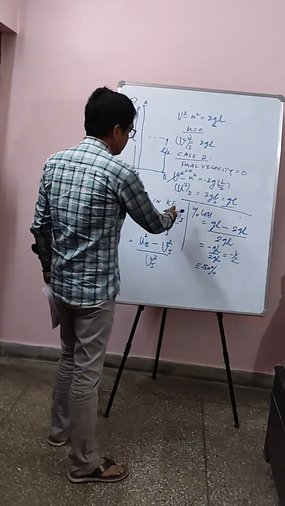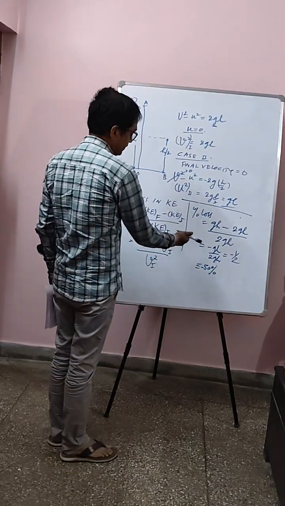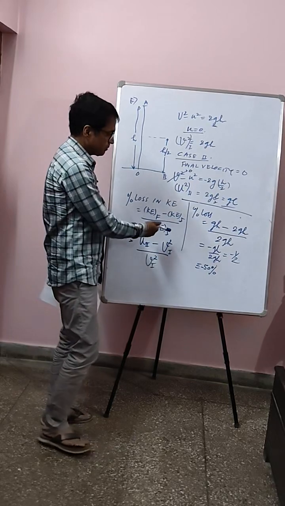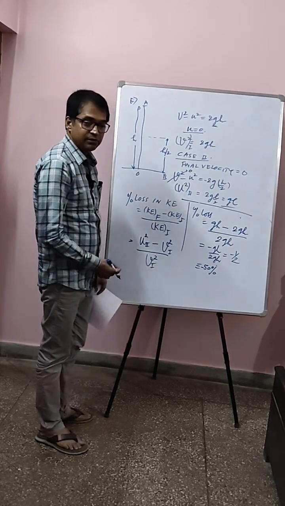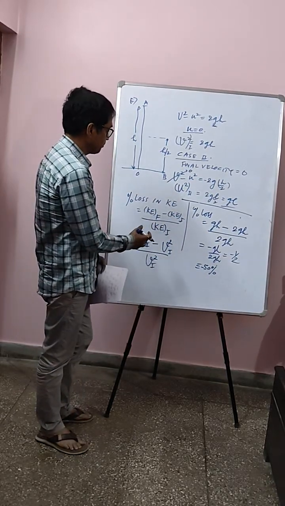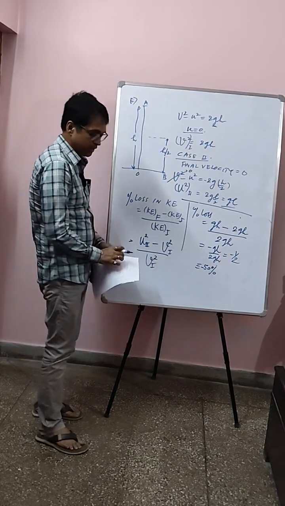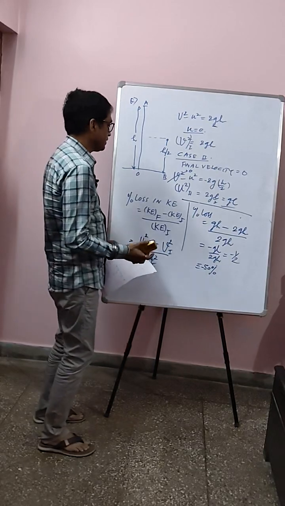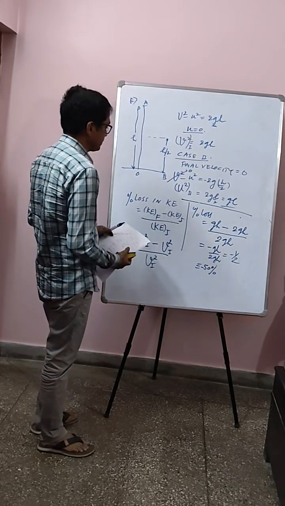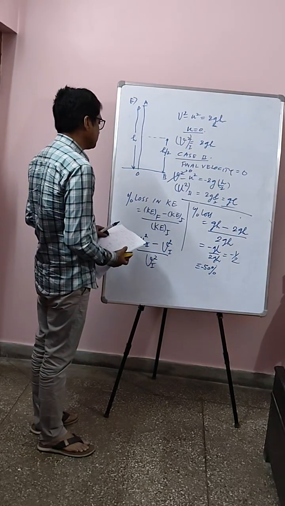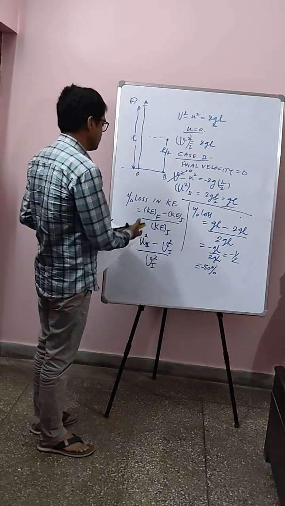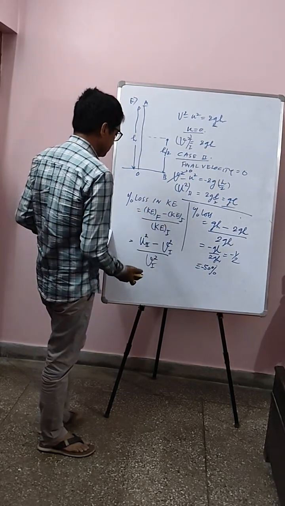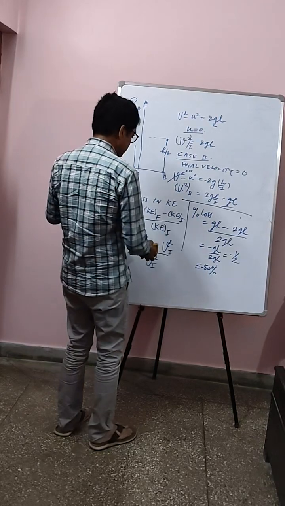So the percentage loss is minus half. If we convert it to percentage, the percentage loss equals 50% with a negative sign. This is the loss in kinetic energy. The particle released from a height h drops, hits the ground and then rebounds with a loss of velocity, and the loss in kinetic energy is 50%.